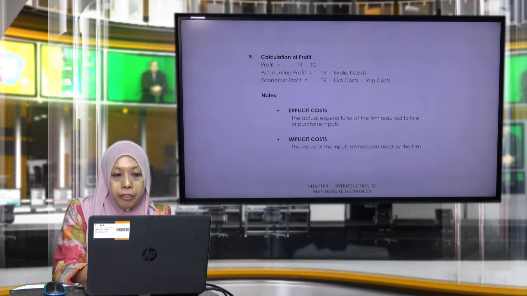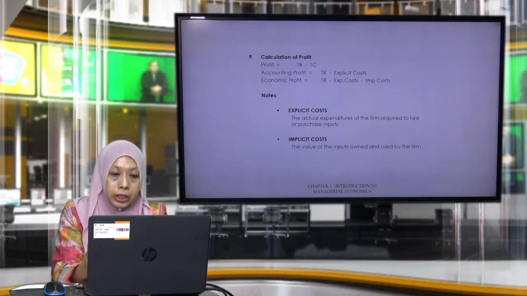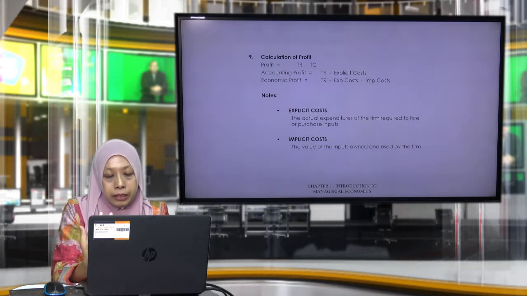On the other hand, for economic profit, you still use the formula total revenue minus total cost, but total cost comprises both explicit cost and implicit cost. Due to that, the value of economic profit should be lower than the value of accounting profit, because economic profit includes more coverage in terms of the definition of cost.